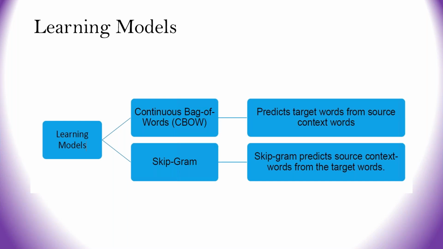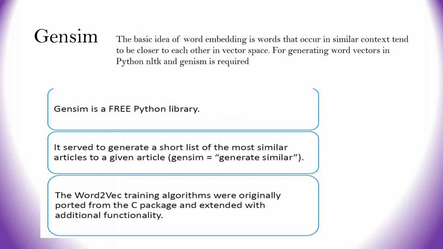Skipgram predicts source context words from the target word. So it is the inverse process of the continuous bag of words model, wherein the output is given and I'm just predicting the input. That's how skipgram works. We'll also see an example.